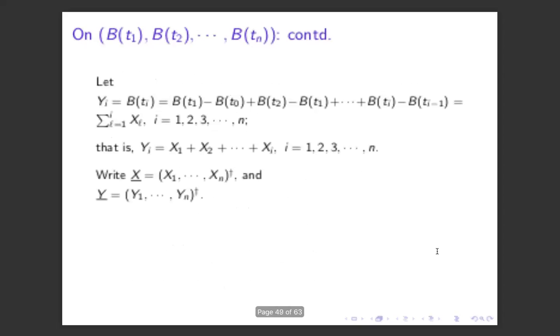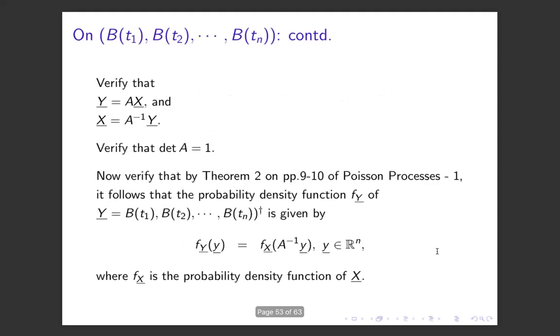Actually, this parenthesis is missing. Please put that on. This is the transpose of this whole product.